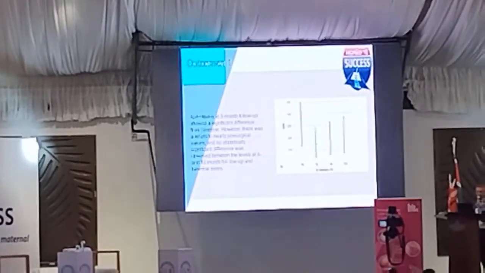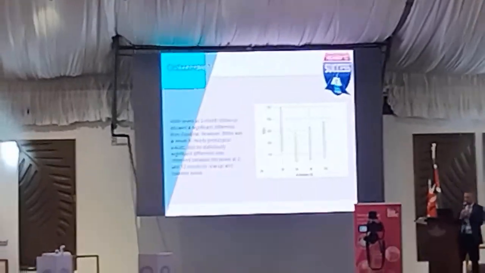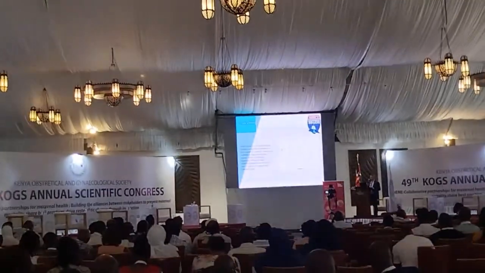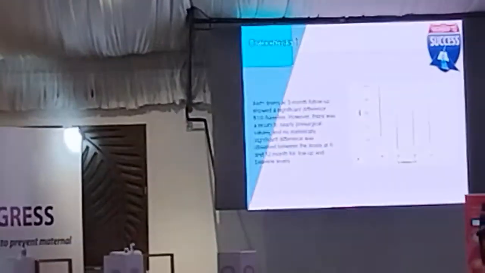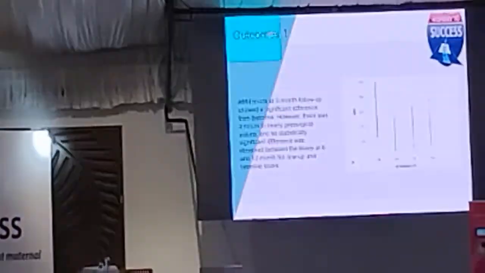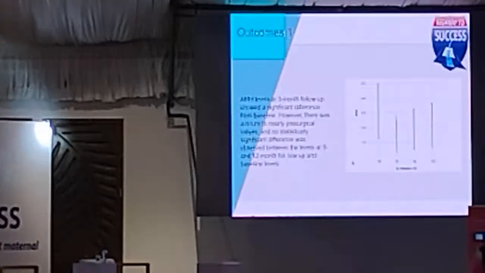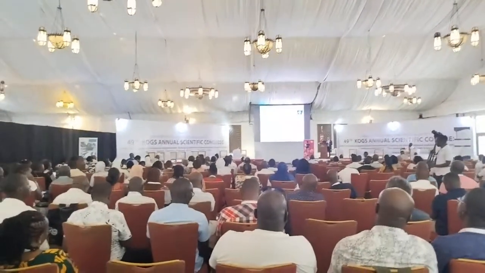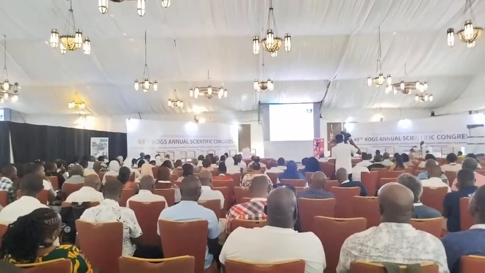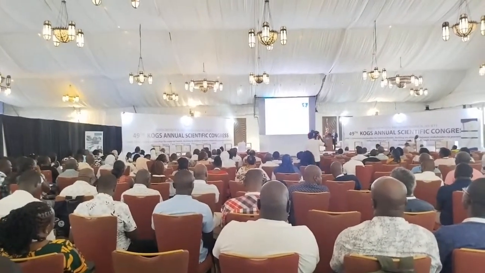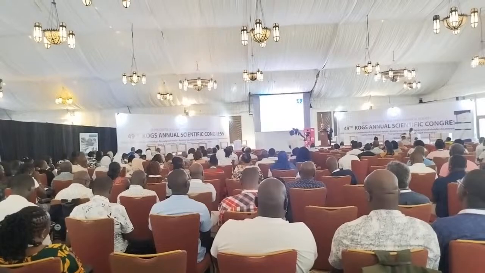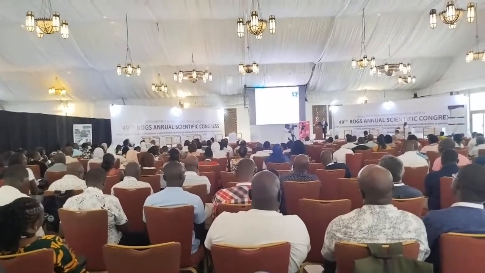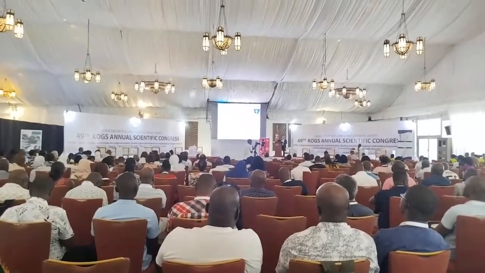Okay, coming to the outcome, this is so important because we evaluated the AMH, so the antimullerian hormone level, at 3, 6 months and 1 year post-surgery. You can see here that this picture shows a significant difference from baseline. So after 3 months, the level of antimullerian hormone goes down significantly.